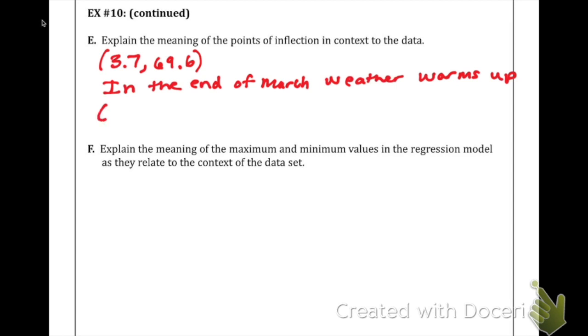And then our second one was 10.28, 69.6, which means in October, the temps are decreasing.